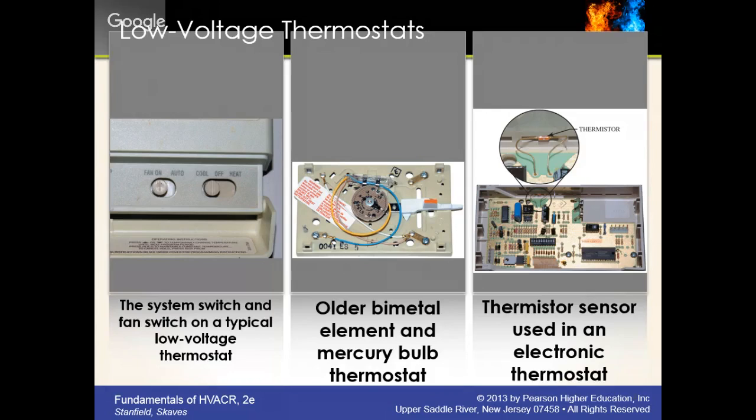Everybody good with that? Okay. What was it made of? Two dissimilar metals. Yep. Two dissimilar metals bonded together to make a coil that expands or contracts.